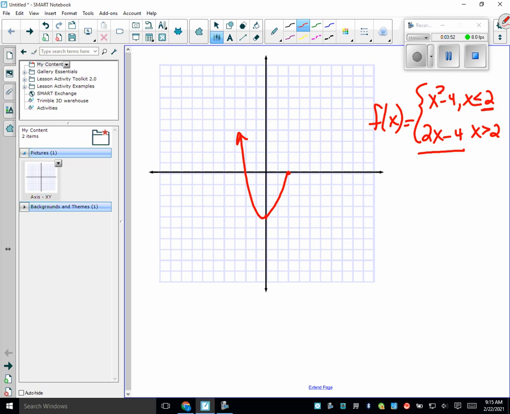What is y? 0. But it is an open circle, isn't it? Since they are both at the same spot, the first one was a closed circle, this one is going to be an open circle. So I just kind of put an open circle around it.